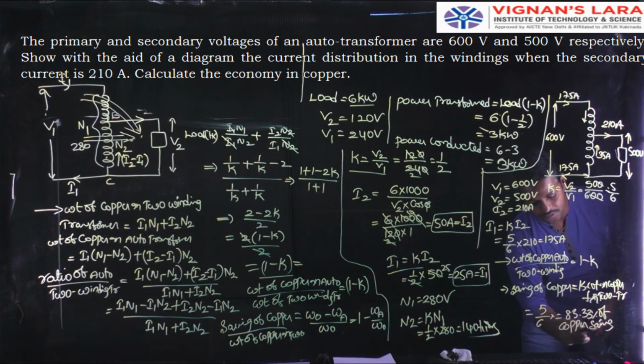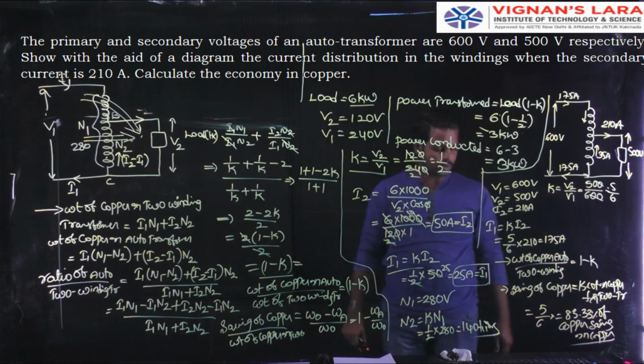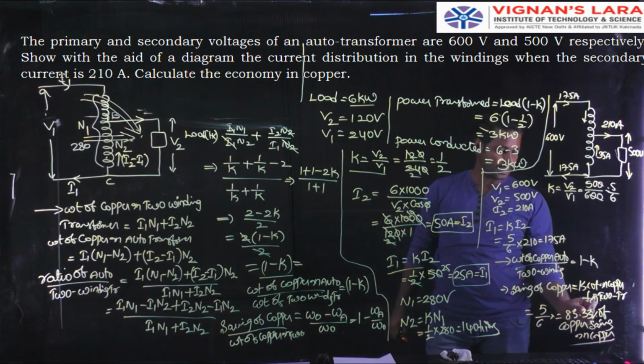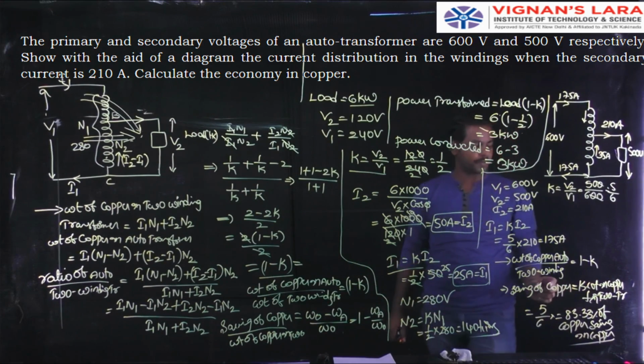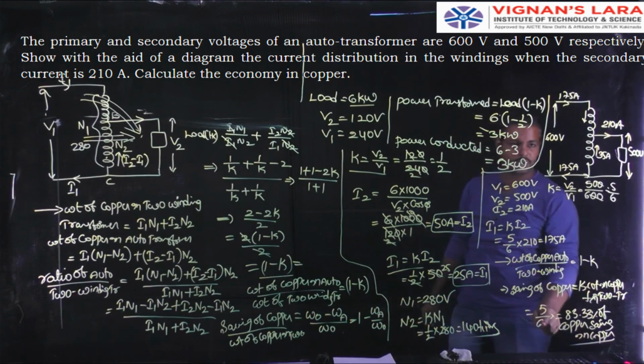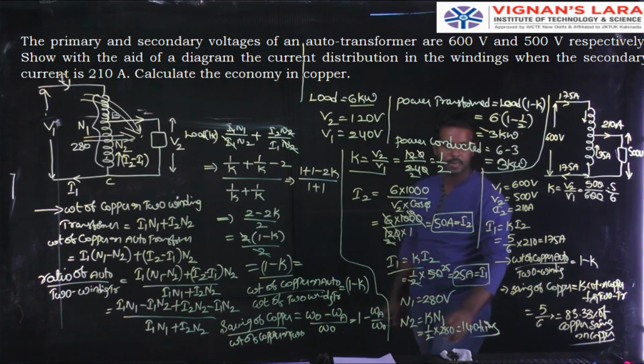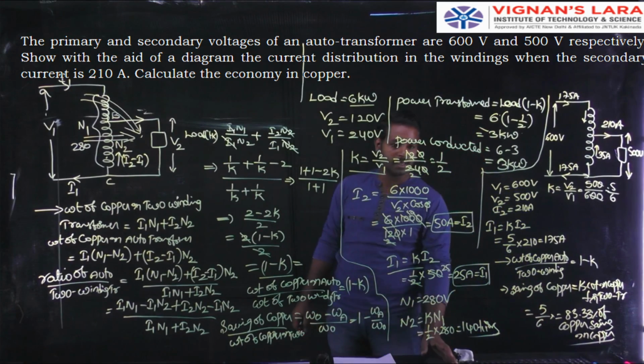So the economy of copper is 83.33%. This parameter comes from the saving of copper being equal to K times the weight of copper for a two winding transformer, which is 5 by 6, equal to 83.33%.